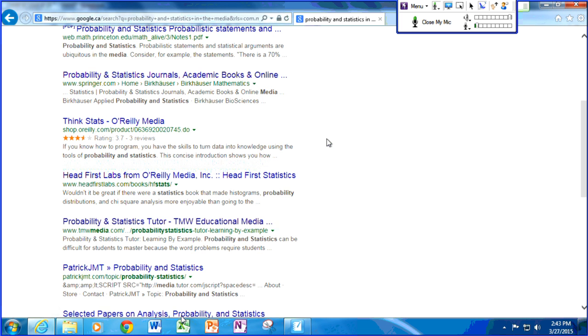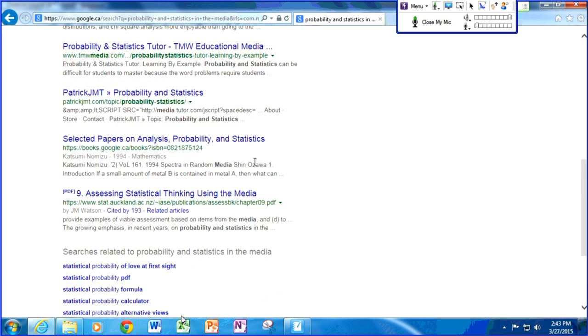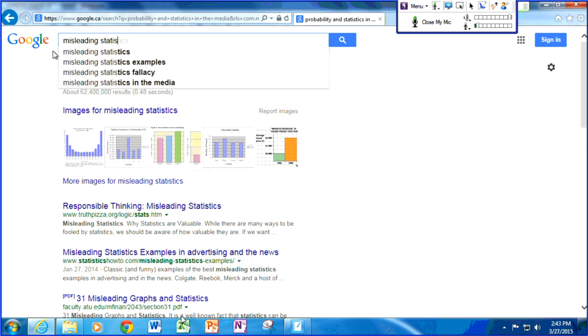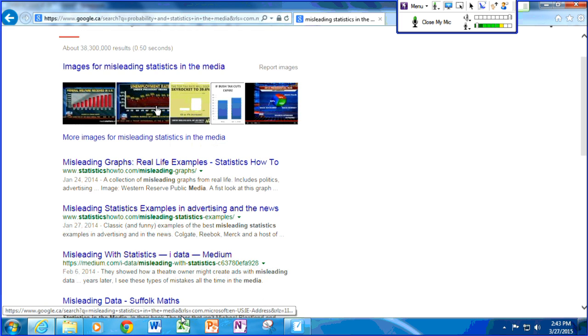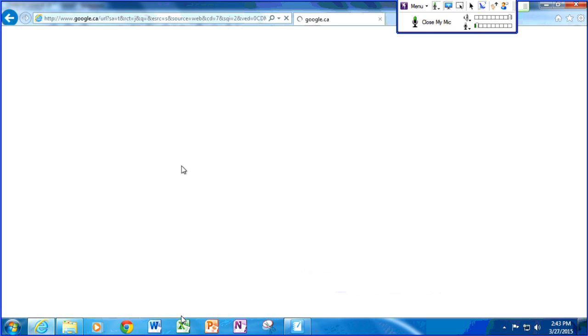Okay, so we can do that, misleading statistics in the media. The media uses it, not always even necessarily deliberately, but sometimes our leaders will give us statistics that are a little dodgy. So we can take a look at some of these.